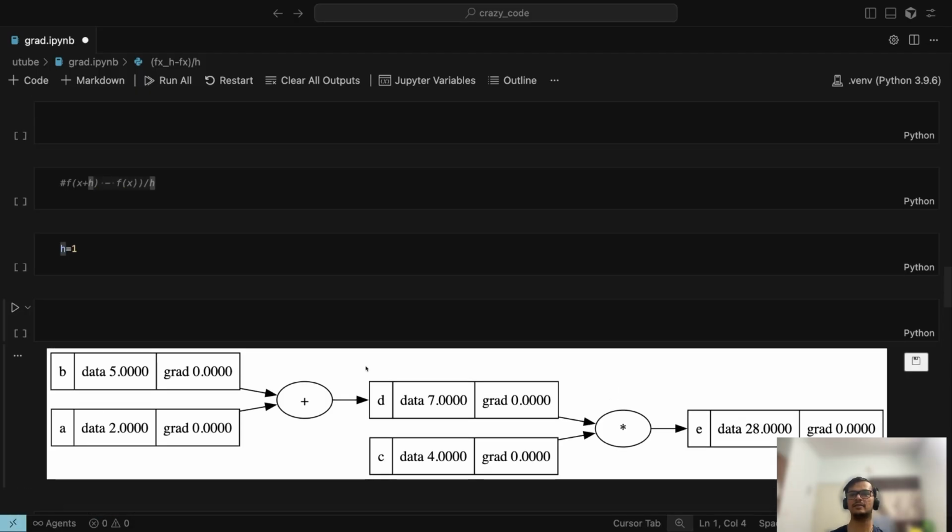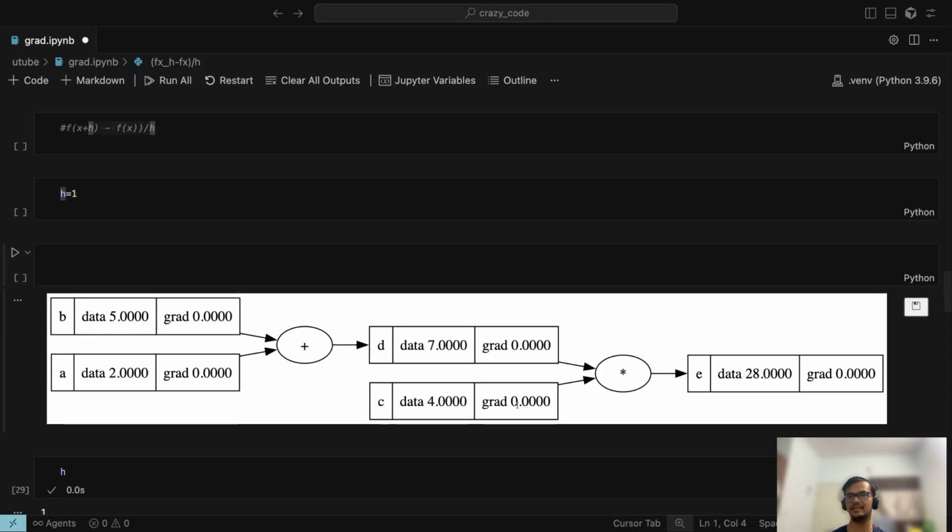So this is the gradient value for c. As you can see, for e the function is c into d, so when we calculate the derivative of e with respect to c, we just take 7, the value of d, because they are directly dependent.